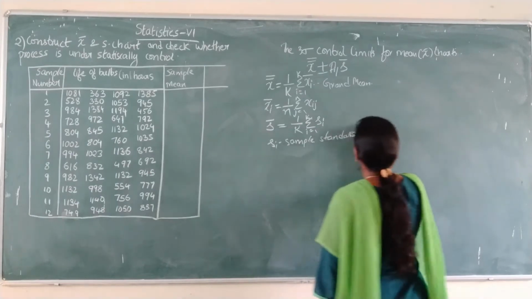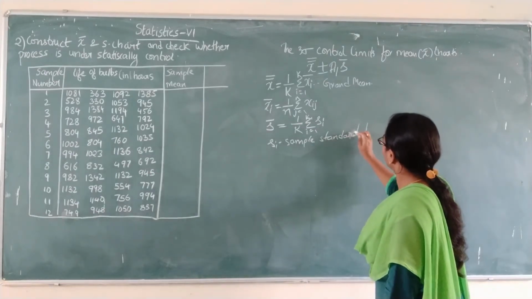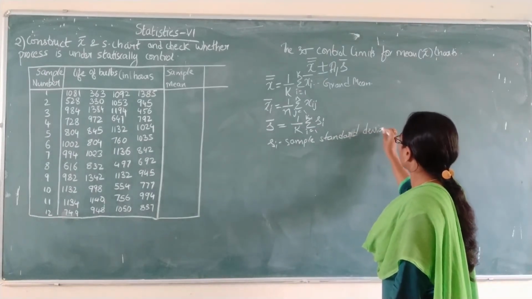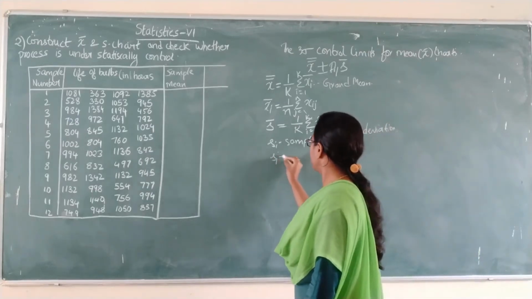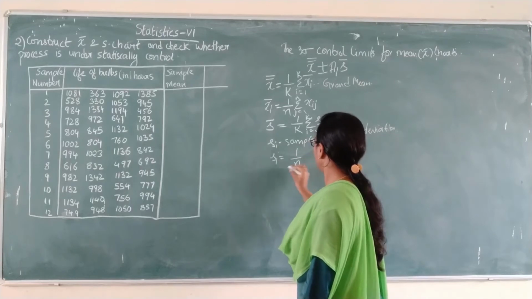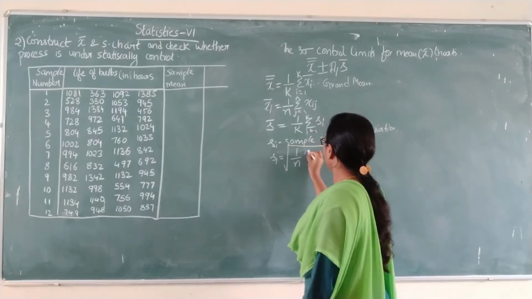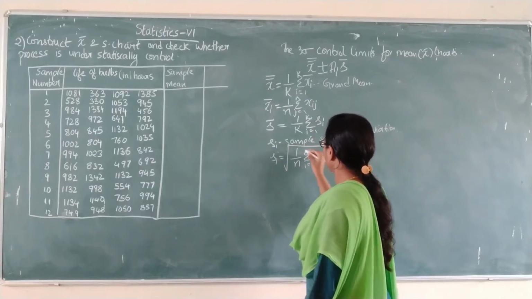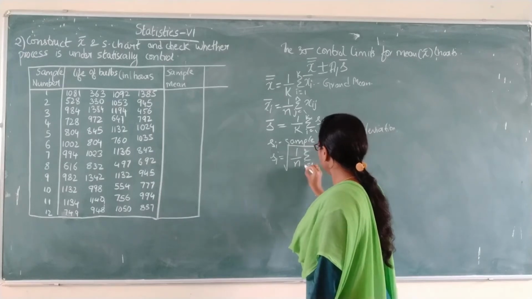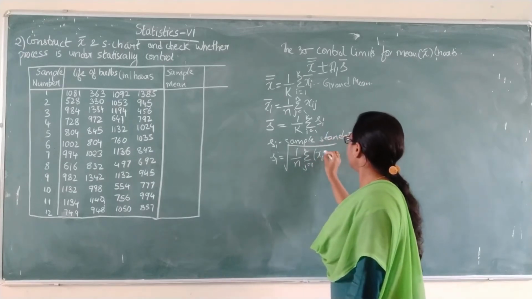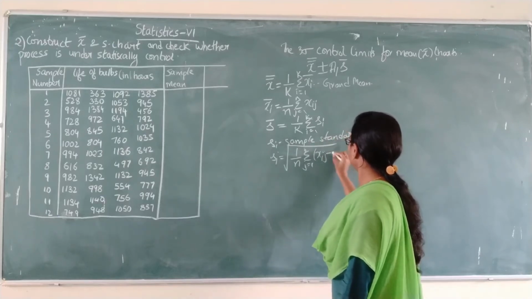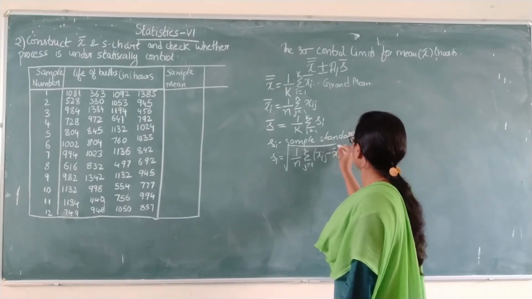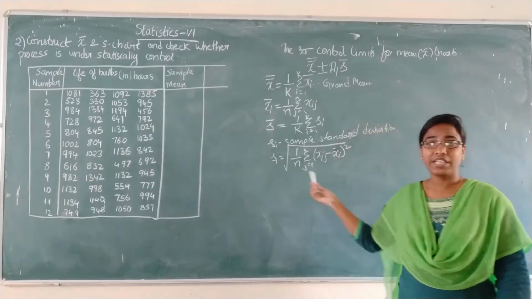So what is the standard deviation formula? Si equals under root 1 by n summation j equals 1 to n, Xij minus Xi bar whole square. So this is the standard deviation formula.